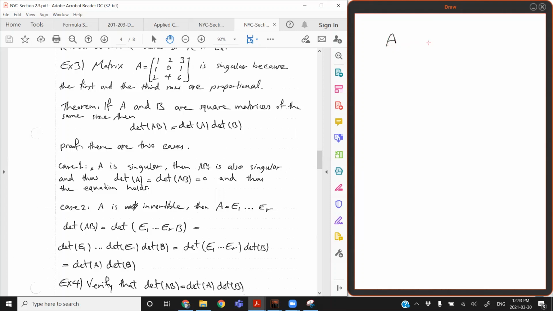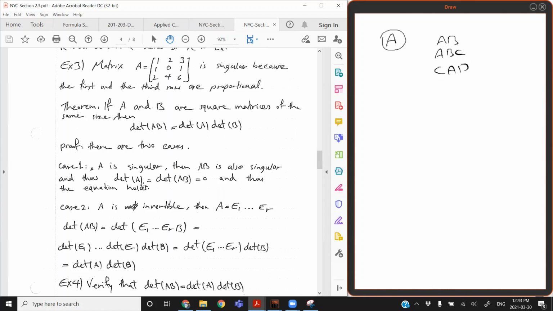So if A is singular, then AB would be singular, regardless of B. ABC would be singular. CAD would be singular.